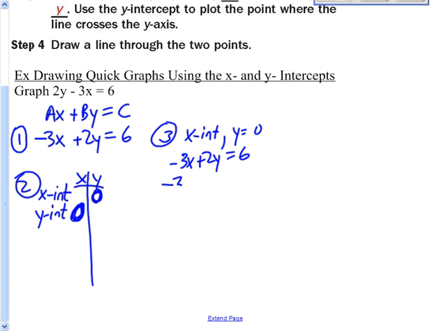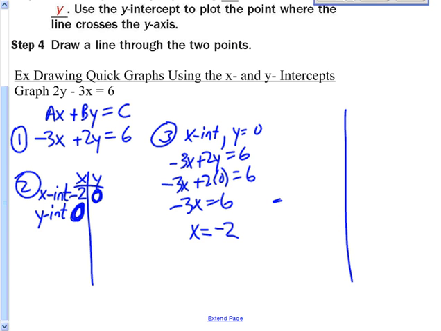So we're letting y be 0. Divide by -3 on both sides and we get -2. Okay, so -2 comma 0. That's our first point on the graph. -2 comma 0. There's our x-intercept.